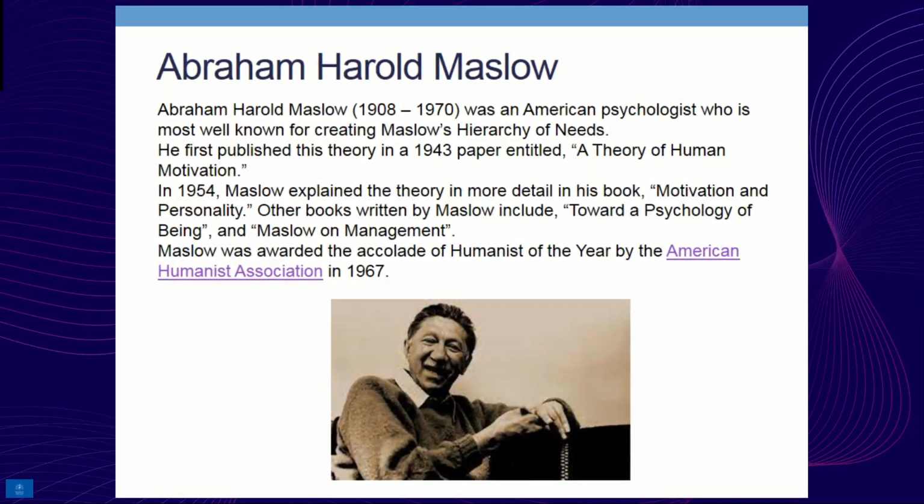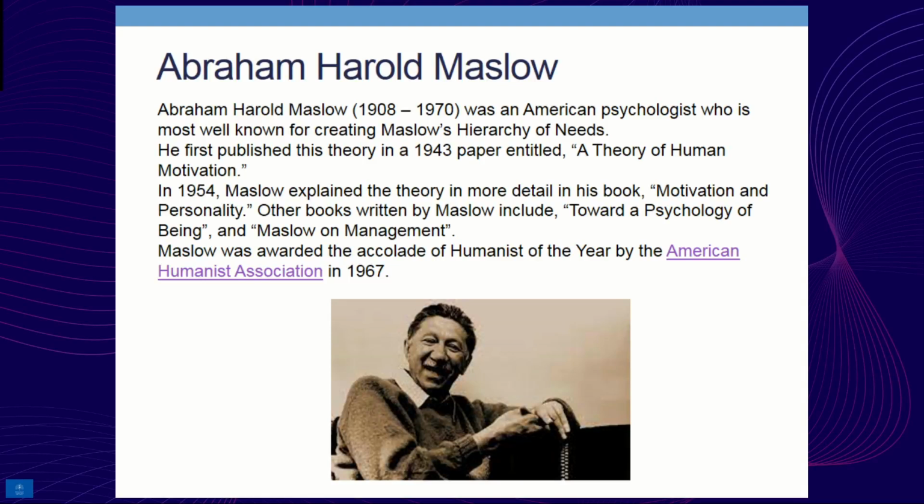Abraham Maslow was an American psychologist who is most well known for creating Maslow's hierarchy of needs. He first published this theory in a 1943 paper entitled A Theory of Human Motivation. Then Maslow explained the theory in more detail in his book, Motivation and Personality.